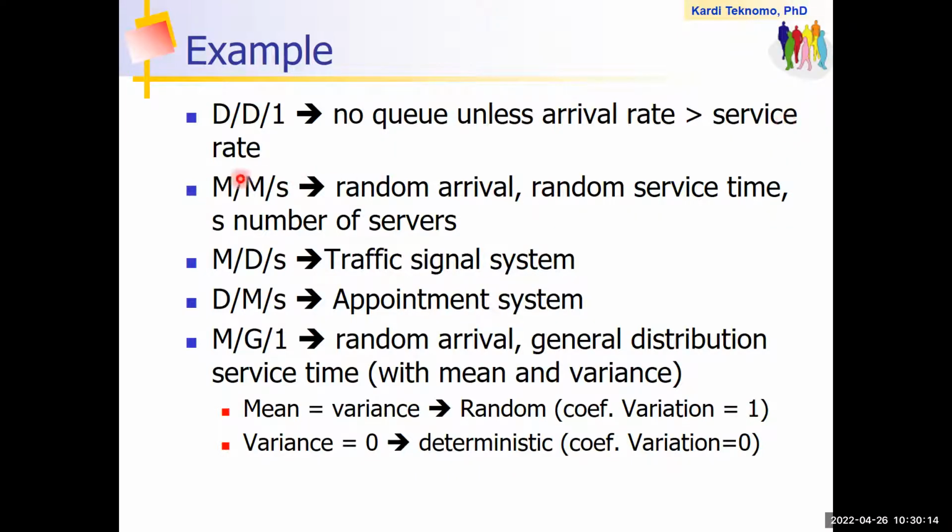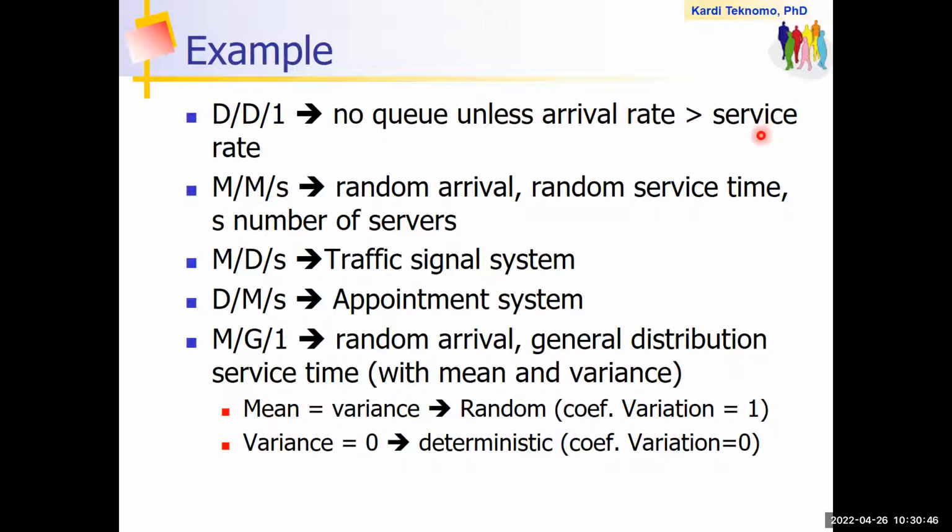But whenever you have random here, it is the other way around. When the arrival rate is larger than the service rate for these other queuing systems, the queue will go to infinity. So only DD is the one that makes a queue when the arrival rate is larger than the service rate. Can you remember that?